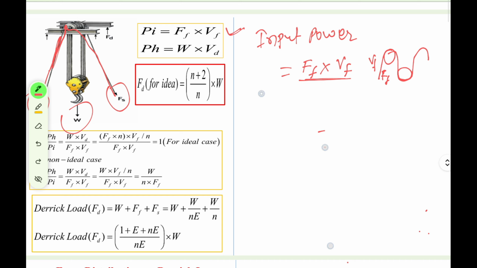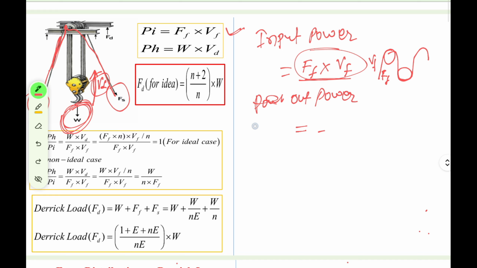Similarly, there is an output power. What is that output power? You are giving the input to lift the weight W, the load you want to lift, and it is lifted with some velocity, the traveling velocity Vd.